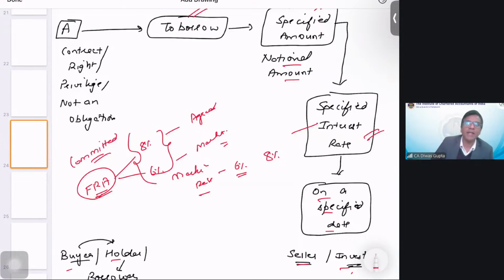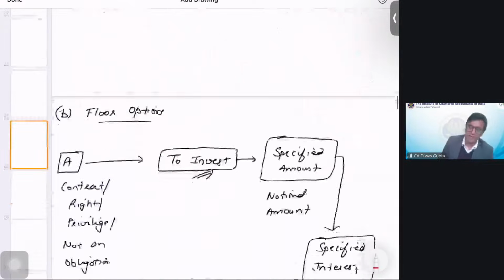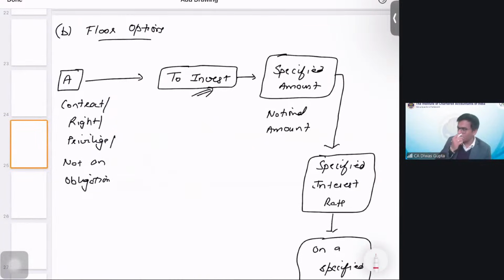So I think this position is clear. In case of a cap option, the holder or the buyer becomes the one who actually wants to borrow, and similarly the seller or the investor is the one who will actually be investing this, right? Then the second comes as the floor option.